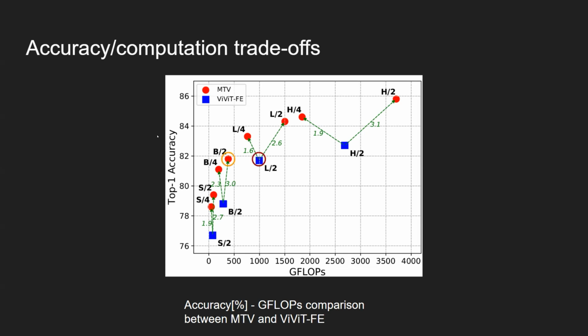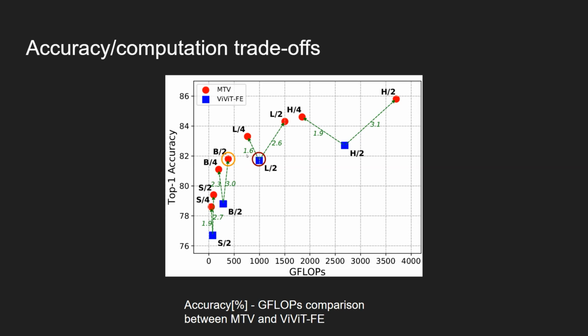Furthermore, we can see how the MTV B2 model is outperforming the L2 model of ViViT FE. The B2 model has a transformer depth of 12 layers, and the L2 model has a transformer depth of 24 layers.